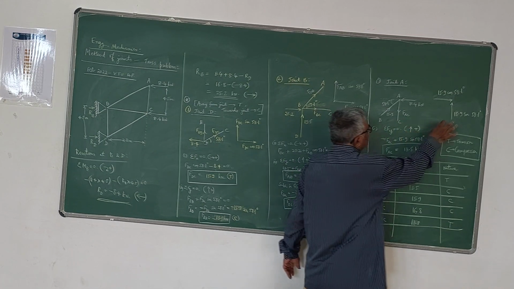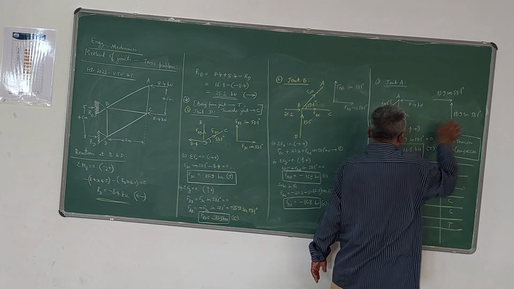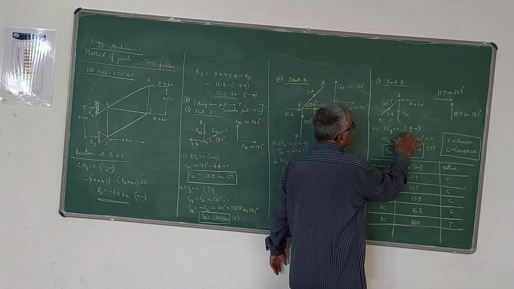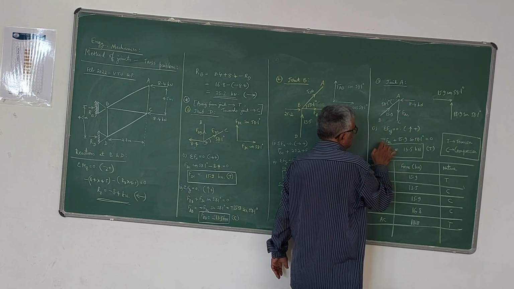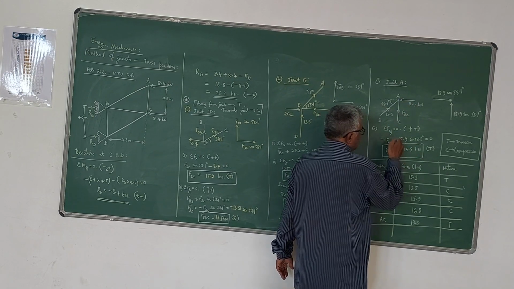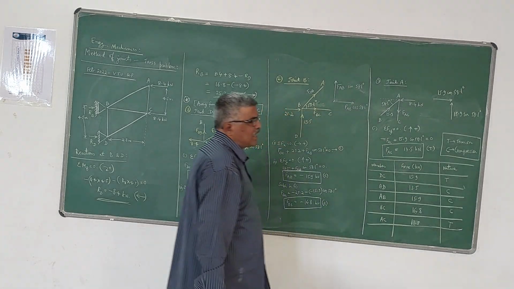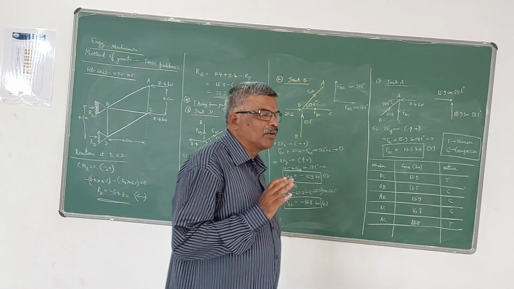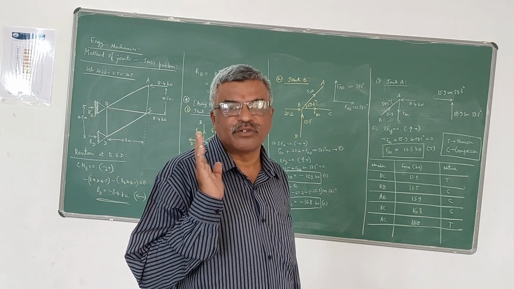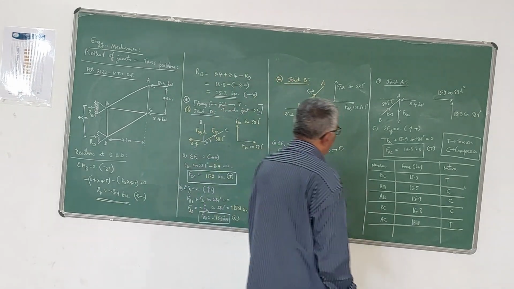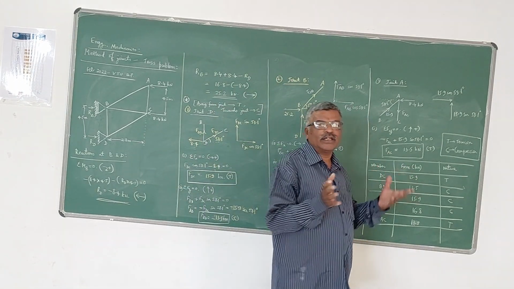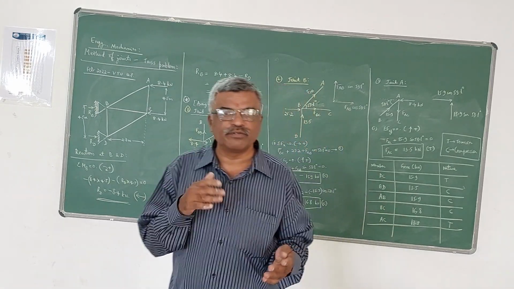Therefore, the equation becomes this is upward 15.9 sin 58.1 degree plus FAC is acting downwards, so minus FAC is equal to 0. Therefore, if you simplify that, you get FAC as 13.5 kilonewton positive. That means it is tension force. So we got the answer for all the forces in all the 5 members.